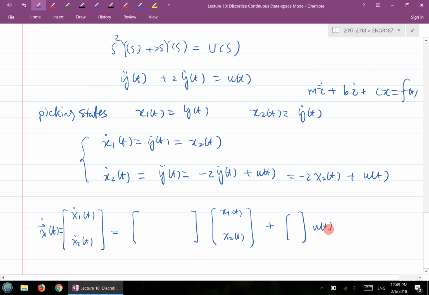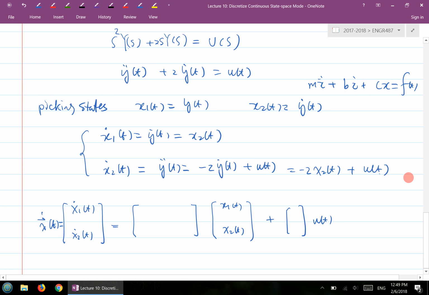Putting it into a nicely packed matrix, you can write down 0, 1, 0, negative 2, and then here 0, here 1. So that's the continuous state space model.